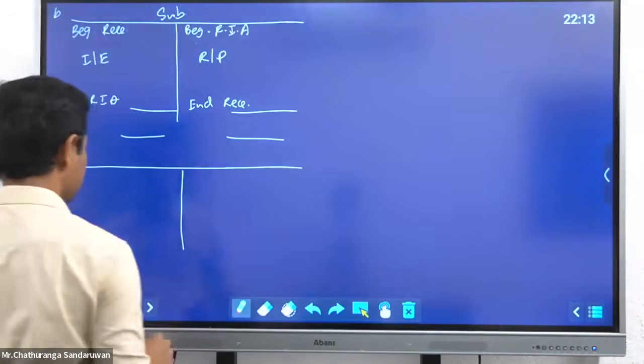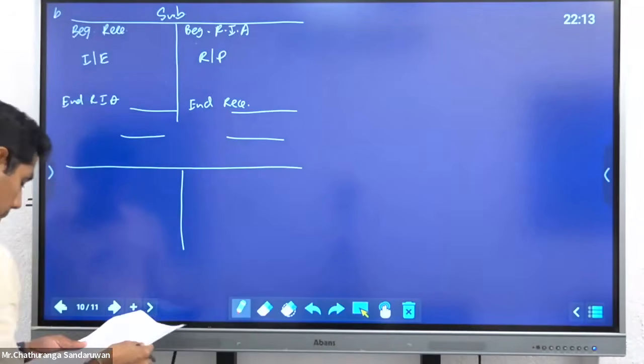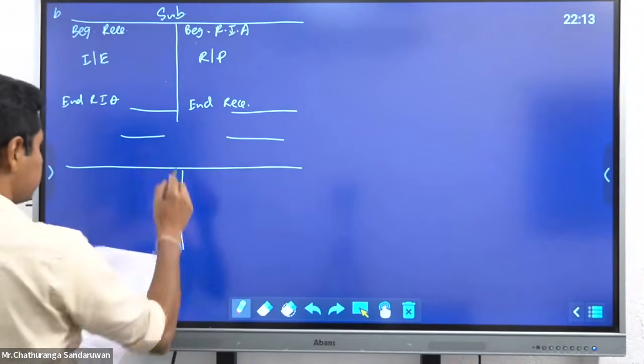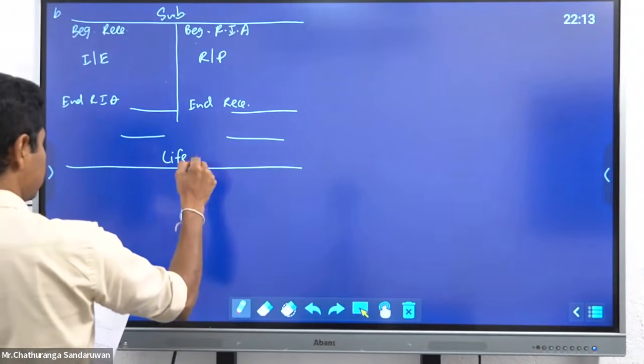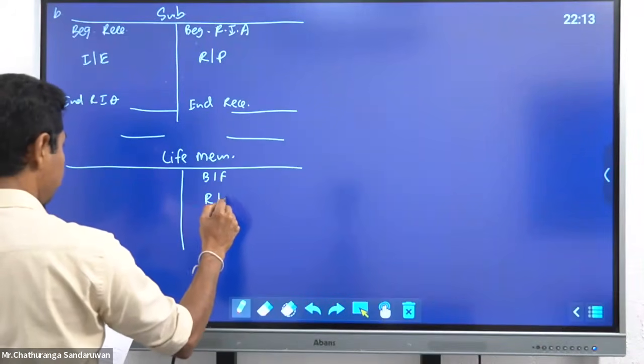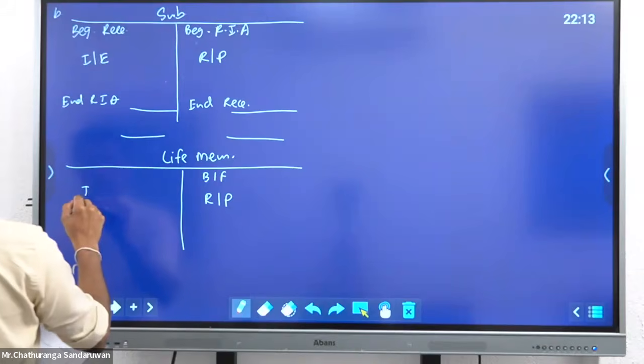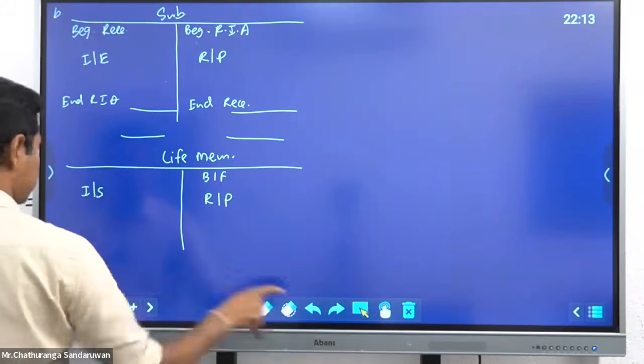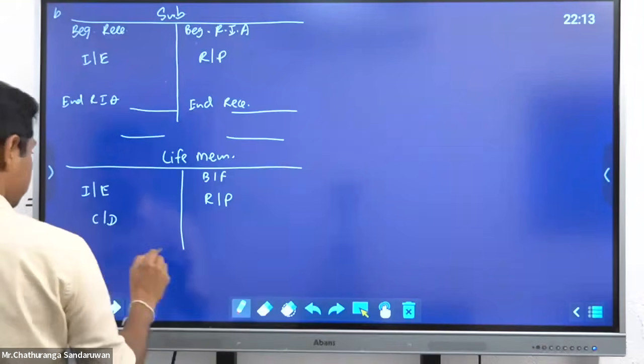As well, we want the life membership fee account. There is a beginning balance, receipt and payment, income and expenditure, carried down balance.